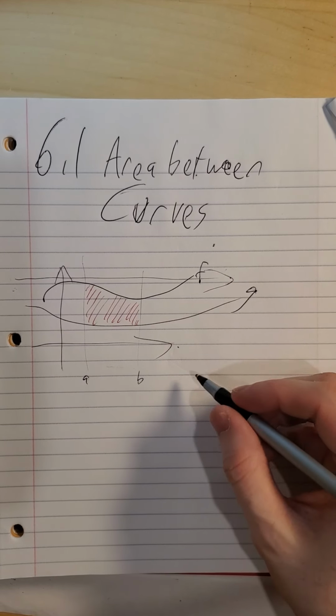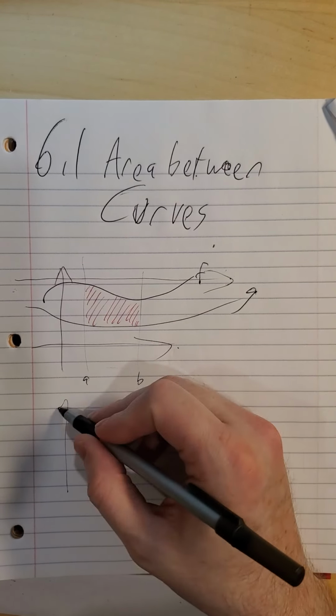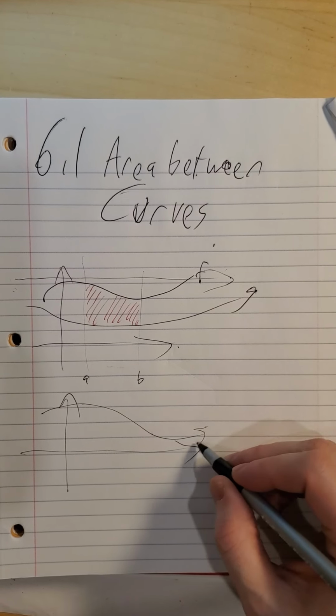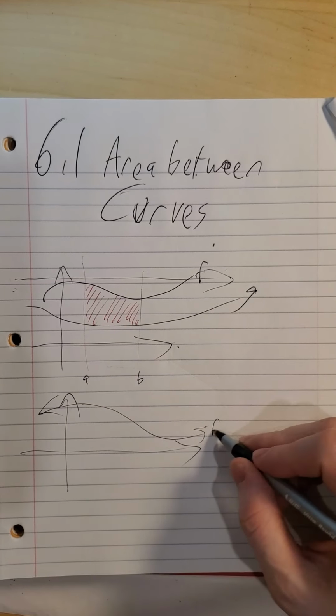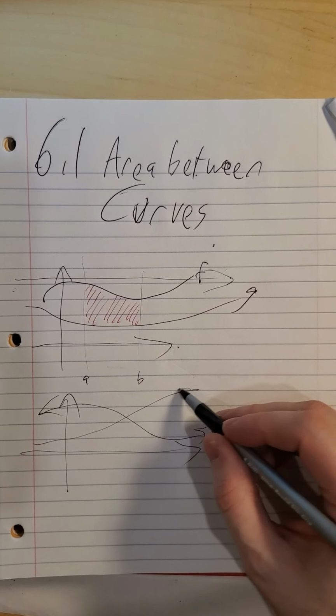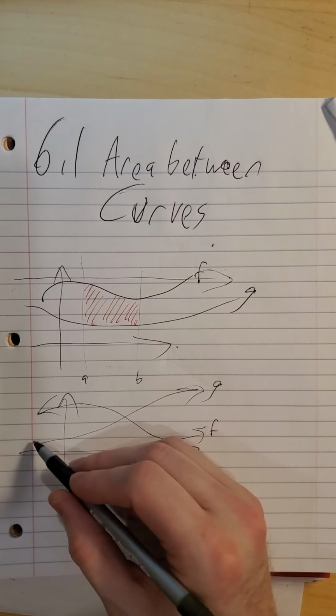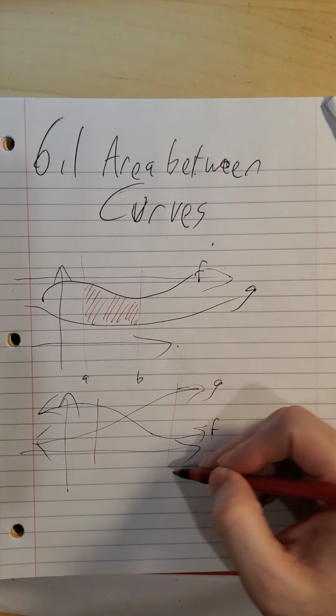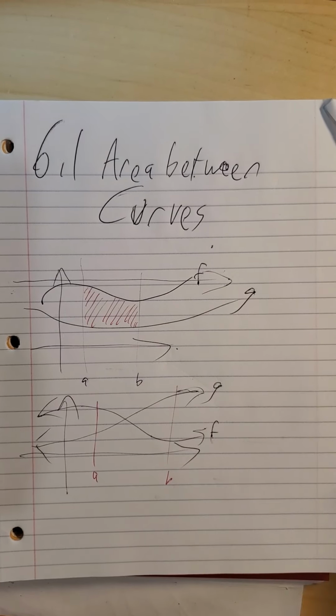And just as a heads up, occasionally we will have a switch in behavior. Sometimes, let's say this is our function f, and here is function g, we could have a change in behavior on (a, b).